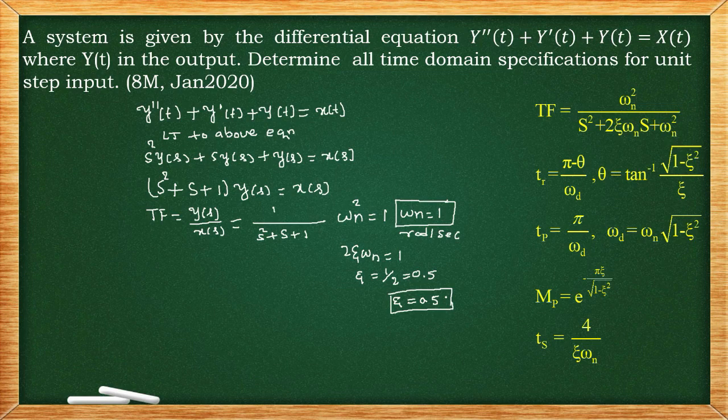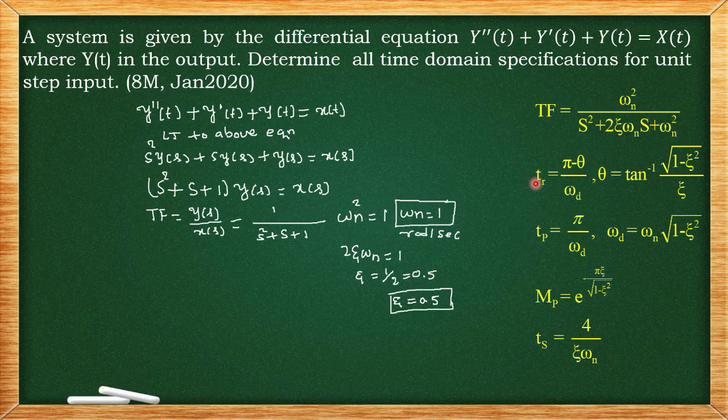So once we calculate omega n and psi, it is easy to calculate TR, TP, MP and TS. Let us calculate first TR, that means rising time.